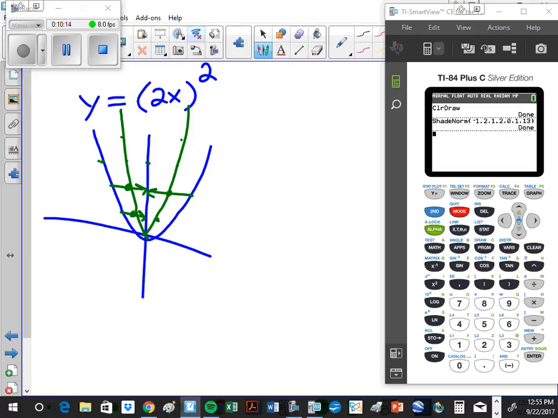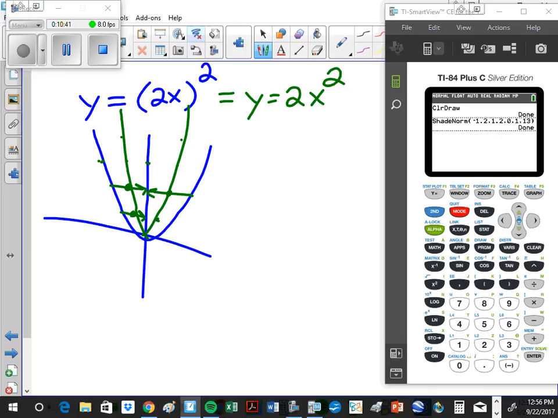All right, so here's a question. Is this equal to this? If I make a parabola twice as tall, is that the same as making it twice as skinny? What do you think? If I graph both of those, is there going to be a difference?